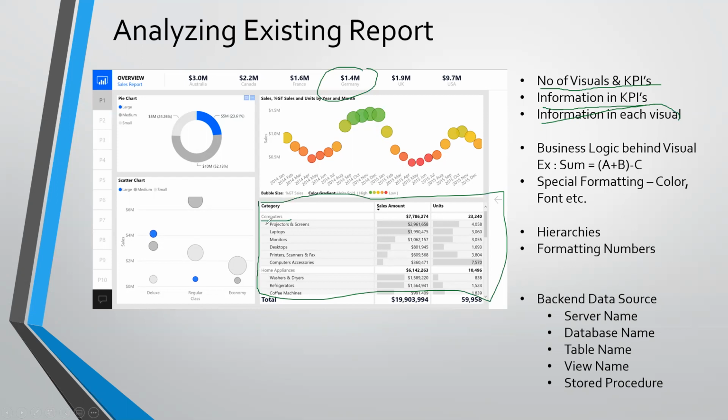Within computers, I have subcategory, and then I'm showing the sales amount and unit. So when I build in Power BI, I will be looking for category column, subcategory column, sales amount, and then unit price. So I would be needing these four columns to build this visual.